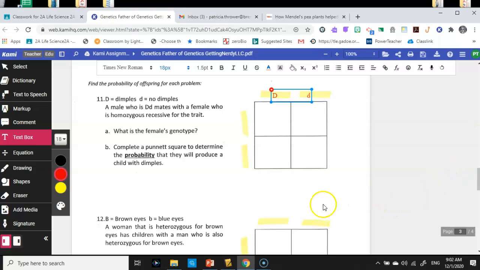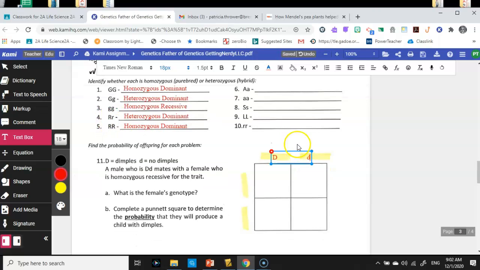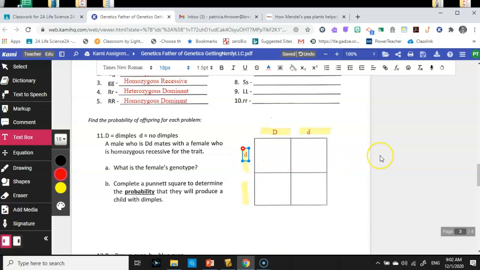He's going to mate with a female who is homozygous recessive. So remember, homozygous recessive is going to be two lowercase. That will be the homozygous recessive. So that's the female.